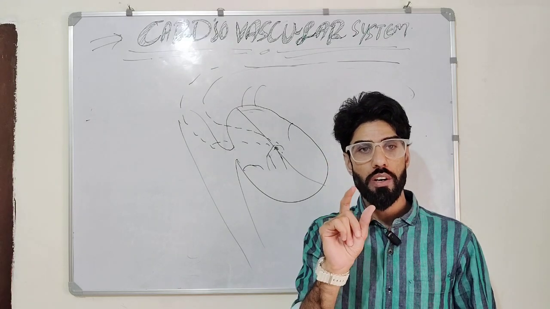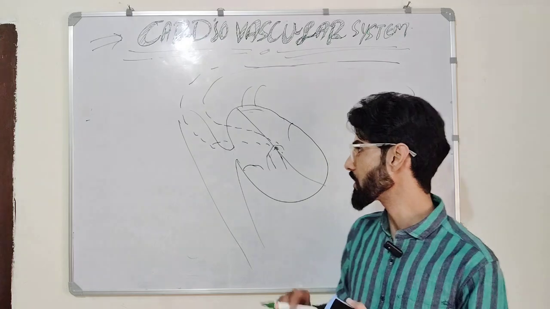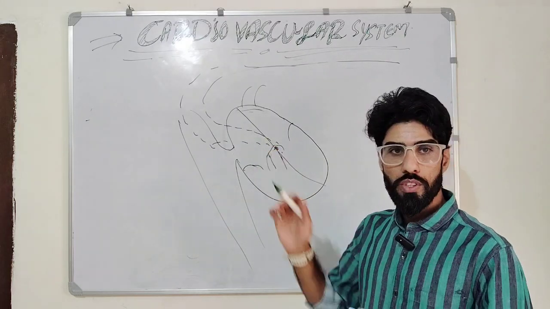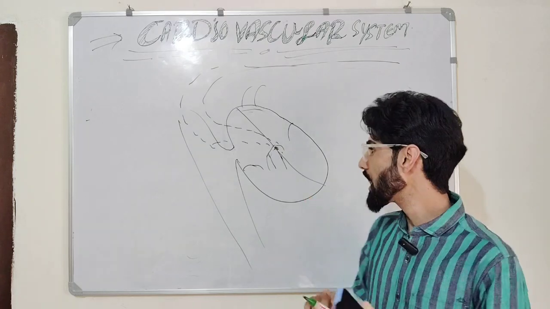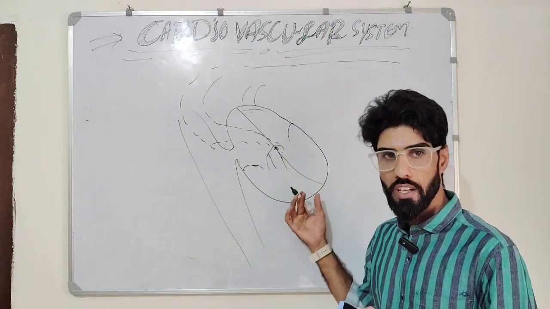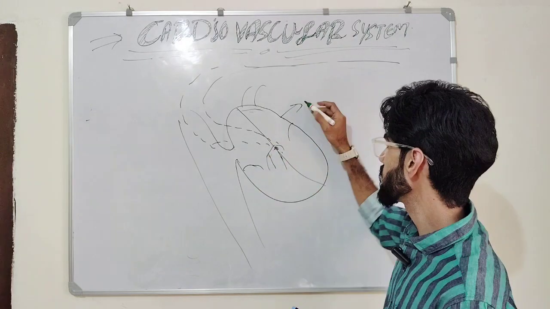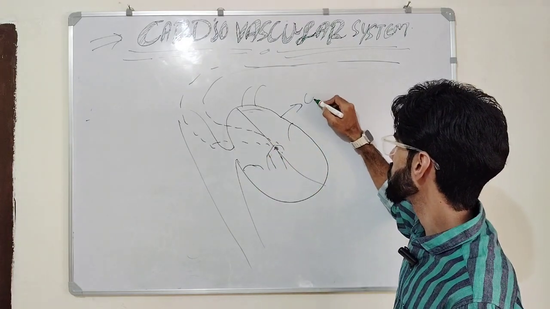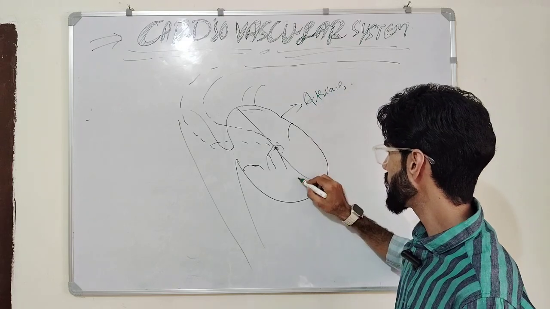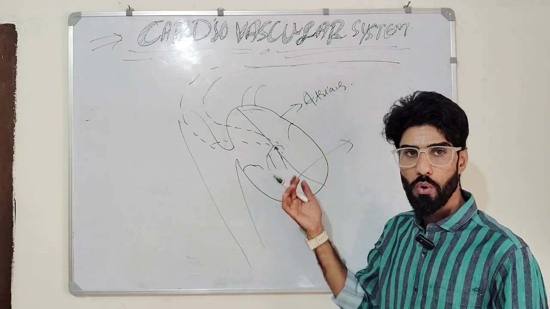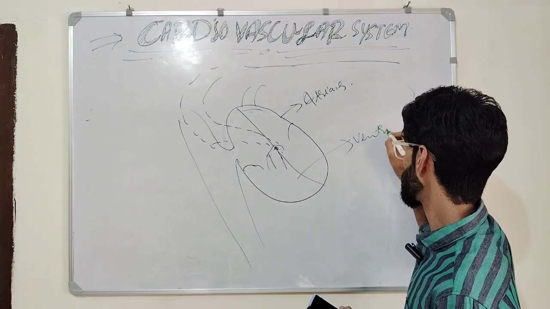There are four chambers of the heart. There are two upper atria, which are superior, and two ventricles, which are inferior. Upper cavities are called atria, and the structures below the atria are called ventricles.